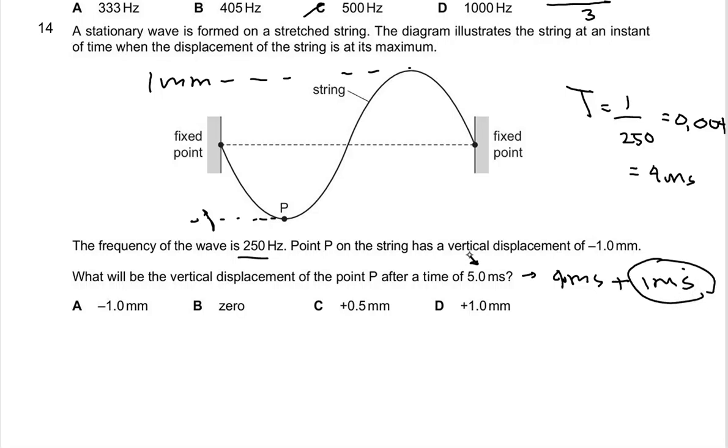So 1 millisecond is only a quarter of this 4 millisecond. So in the quarter period, the stationary wave doesn't form. And then the point P, and all the particles here, are on the equilibrium line. No stationary wave happens. So the answer is B.